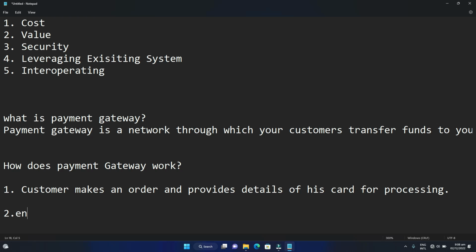So encrypted information is sent to the payments processor, so that it can be used by the merchants.